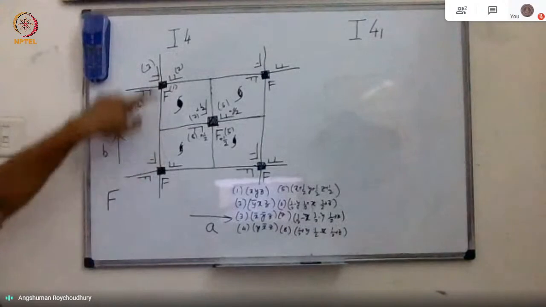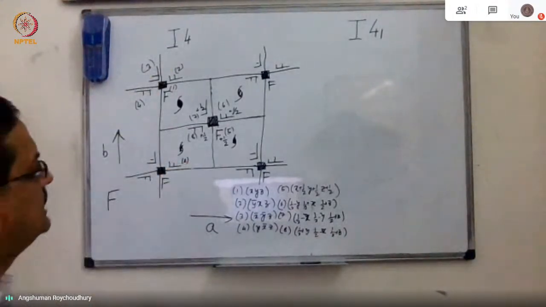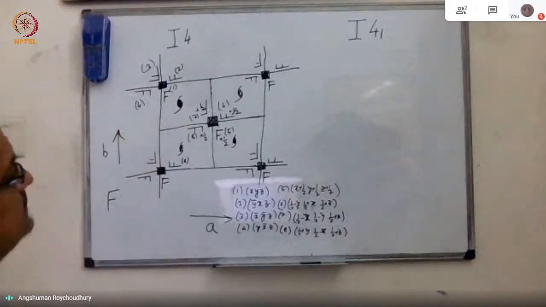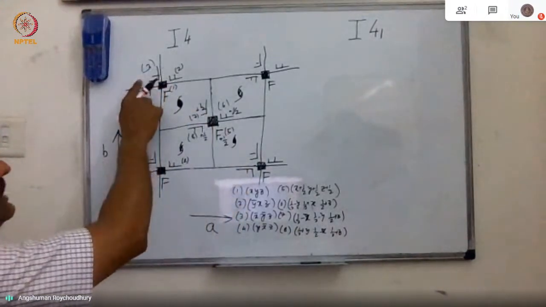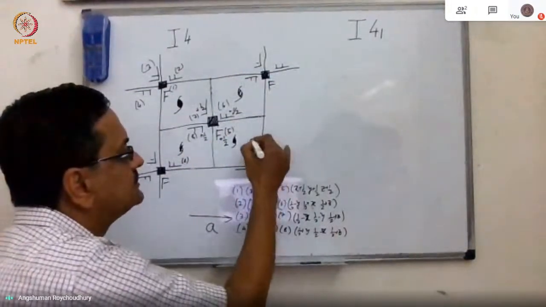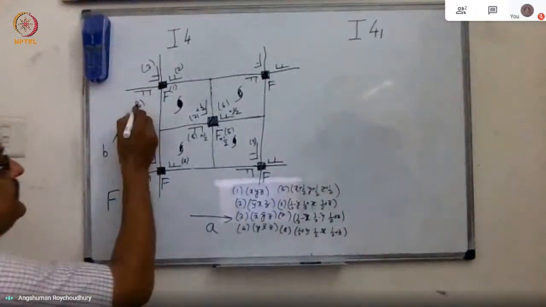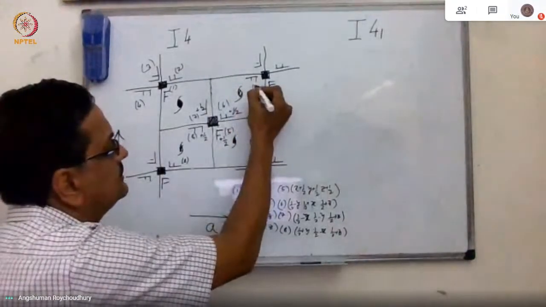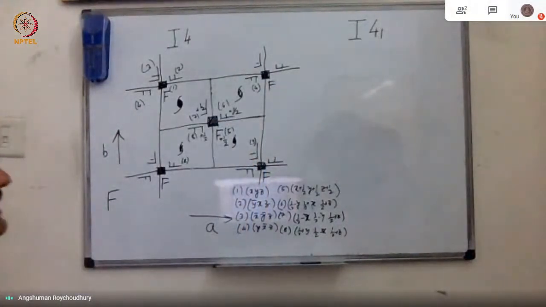So 2 is related to 8 by 2-1. This object is nothing but this one translated there and translated here. So 3 and 5 are 2-1 related. This 4 is translated here, so 4 and 6 are 2-1 related.